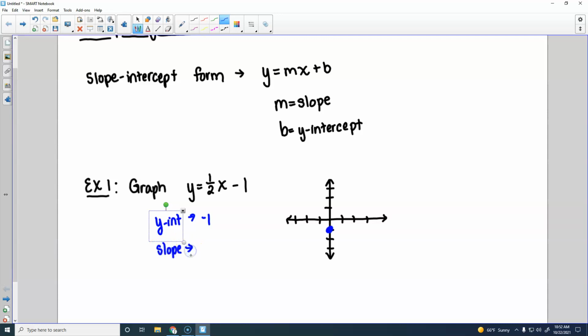And Vince, what is the slope? 1/2. And so remember, slope is rise over run. Up or down first. The bottom number tells you how much to go left or right. So this top number tells me to go up 1 and to the right 2. So it'll be right here. If you keep going like that, you'll end up with a line that looks like this.